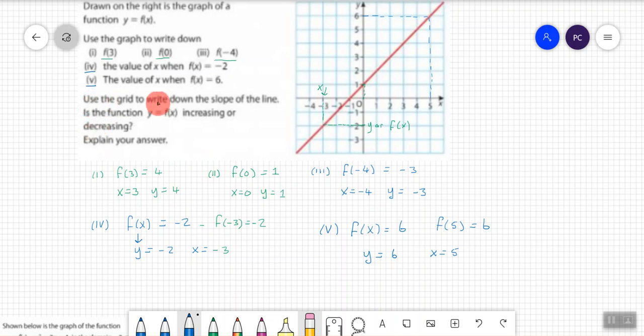The last one then is use the grid to write down the slope of the line, and is the function increasing or decreasing, and explain your answer. So again, the slope is equal to the rise divided by the run.